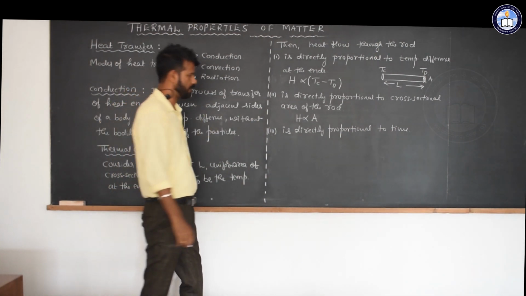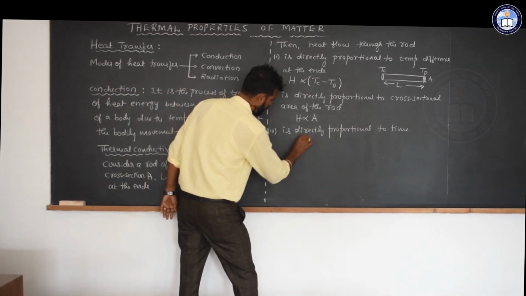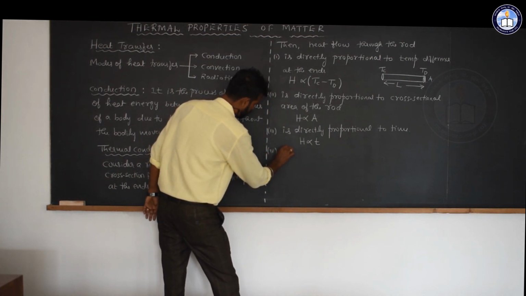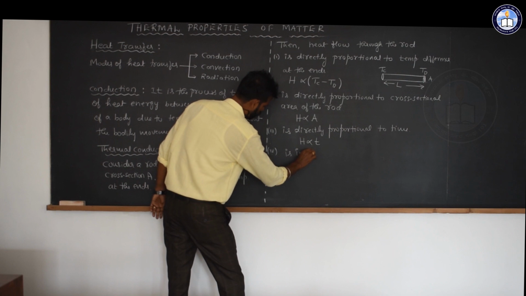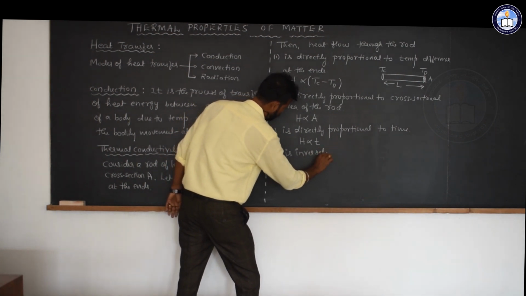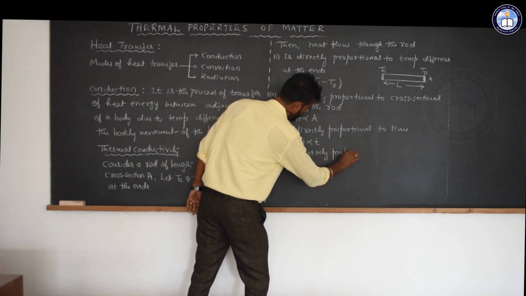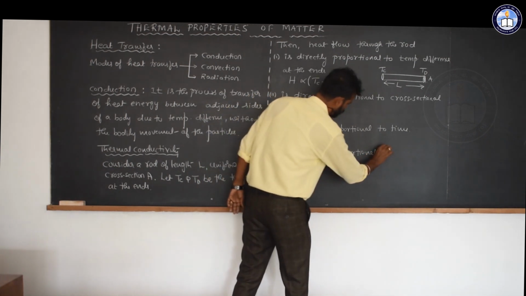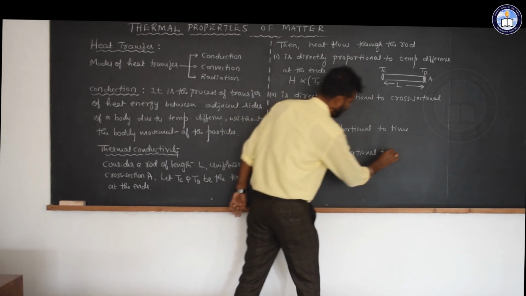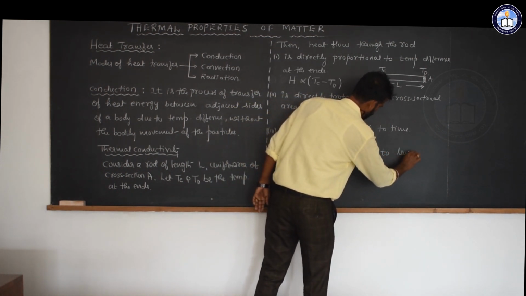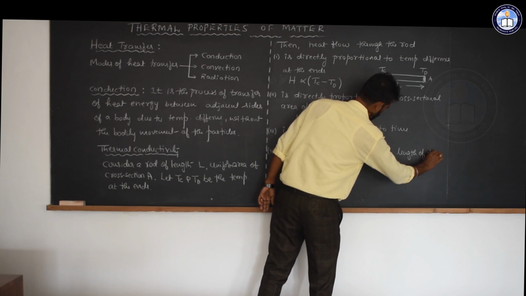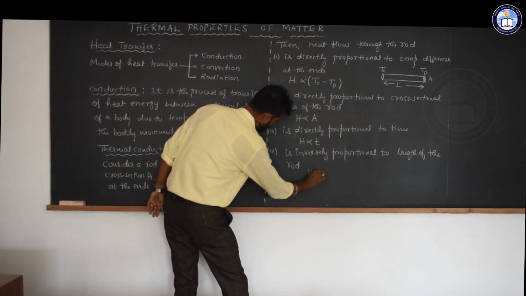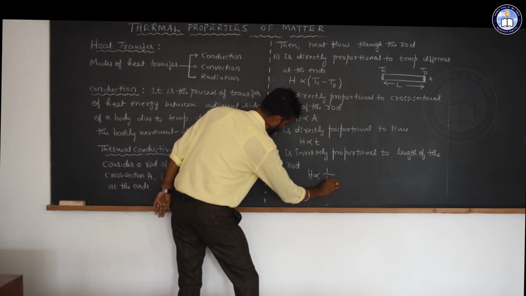That is, heat H is directly proportional to time T. And the fourth one is inversely proportional to the length of the rod. That means H is inversely proportional to L.